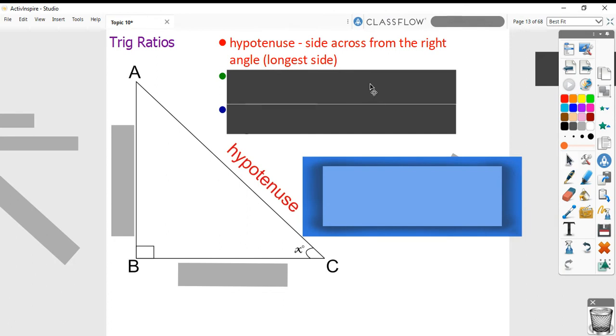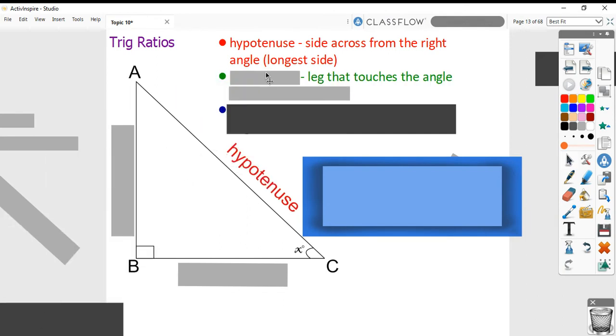Up next, we're going to be talking about an adjacent side. The hypotenuse is pretty consistent. It is always going to be the part of the triangle that is not touching your right angle. But these next two are relative, and it all depends on which angle you're working with.